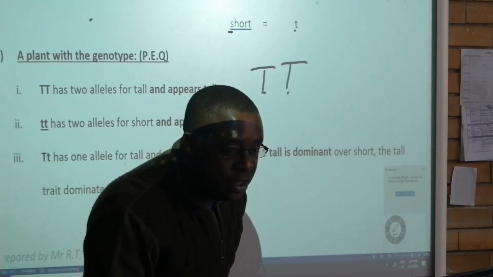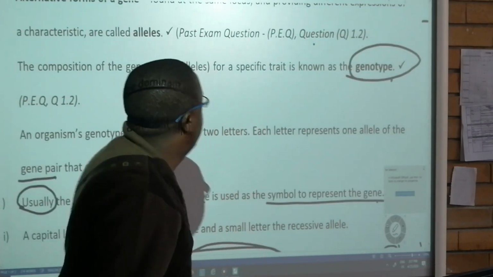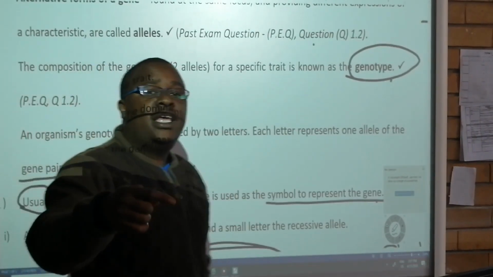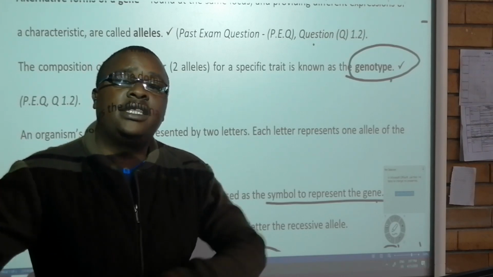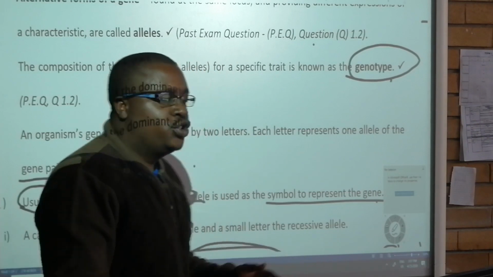Now, bear in mind something. If you go here, the composition of the gene pair, remember that a gene pair, the two alleles, one is coming from the father, the other one is coming from the mother.